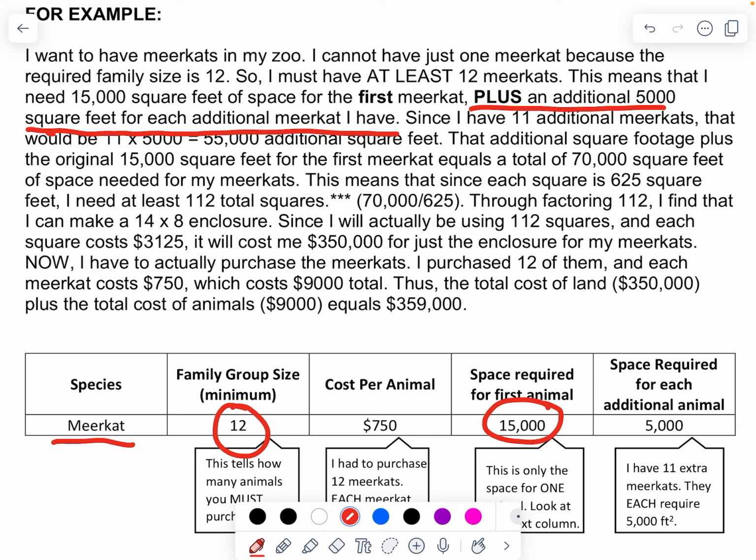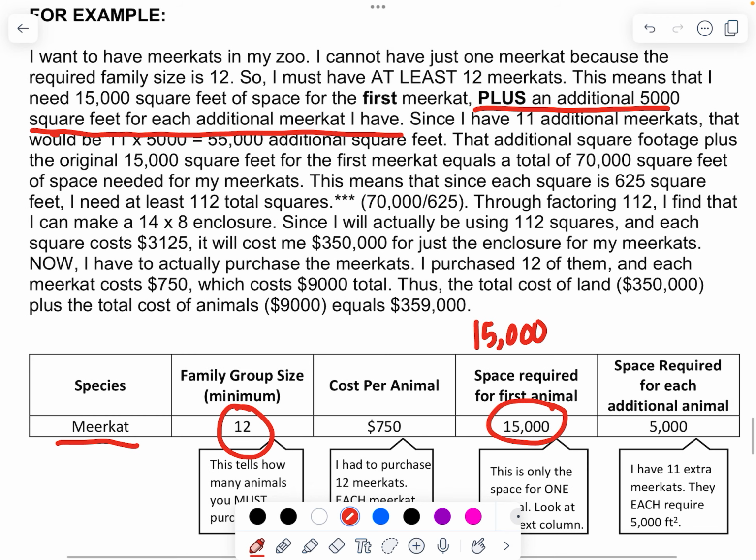So that first animal, I need 15,000, not dollars, it's the space required. 15,000 square feet is what I need for the first animal. So that's for one animal. But I am buying 12. So that's plus 11. So that's where this part comes into play.